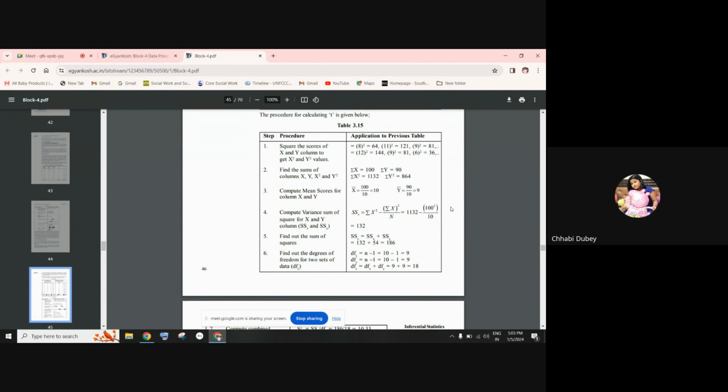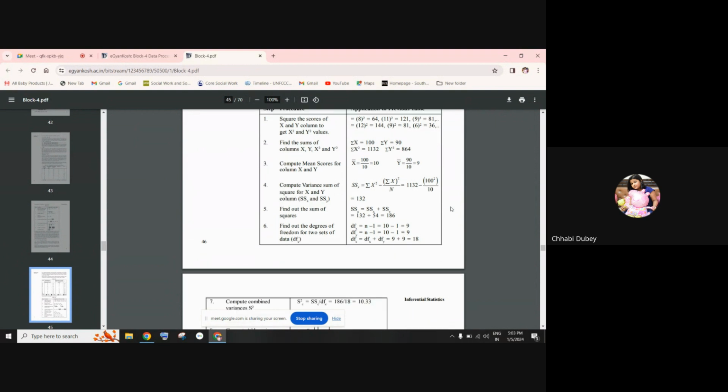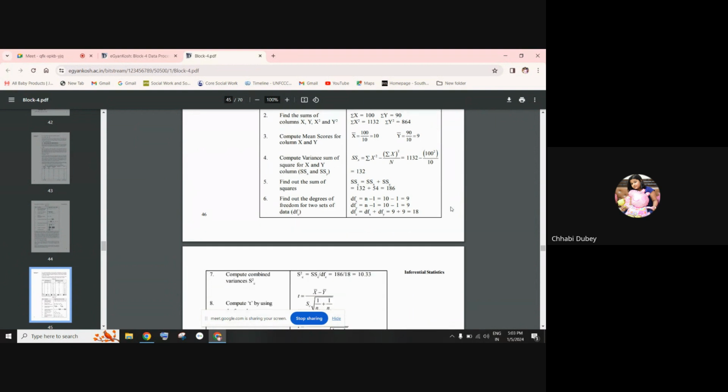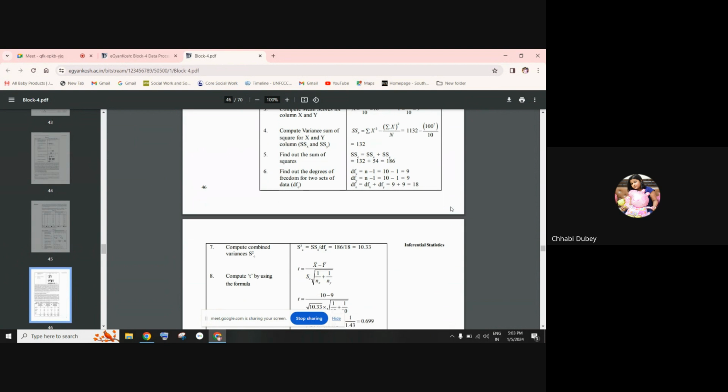Now, you have to simply understand the process by going through the different steps that are used. Once you are able to calculate the different values, it can be found by applying the values to the formula.